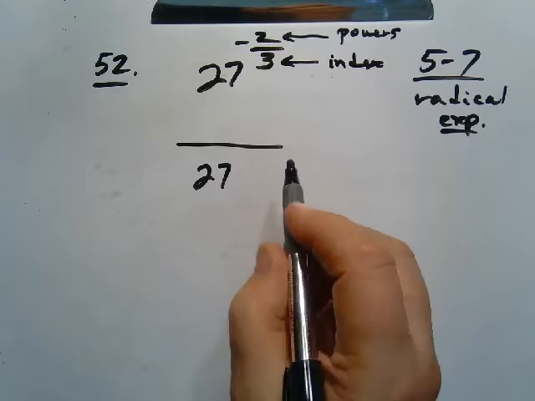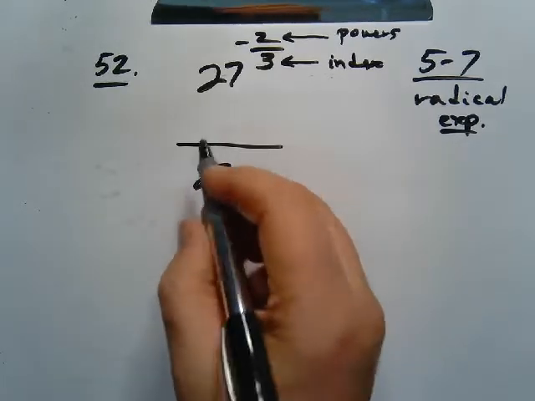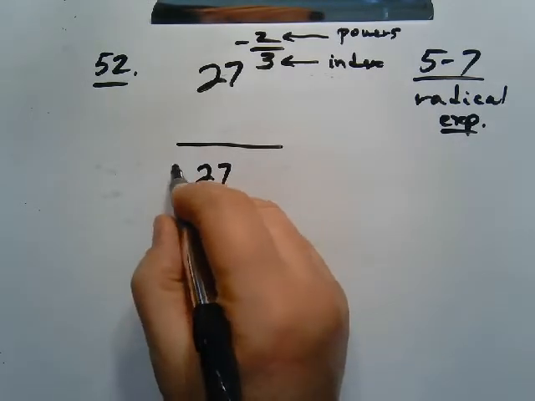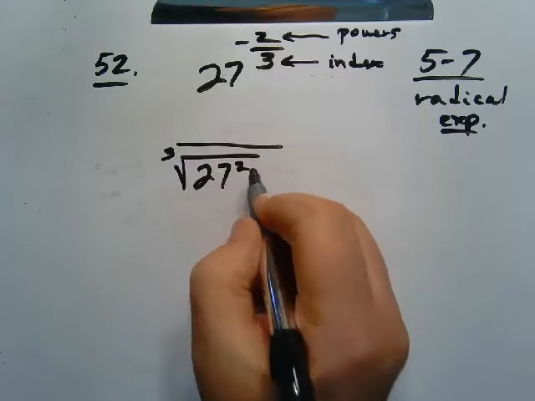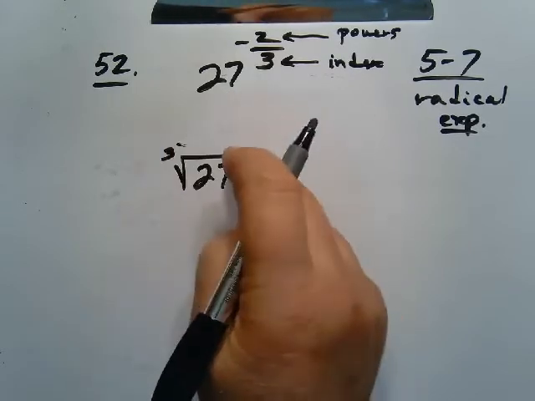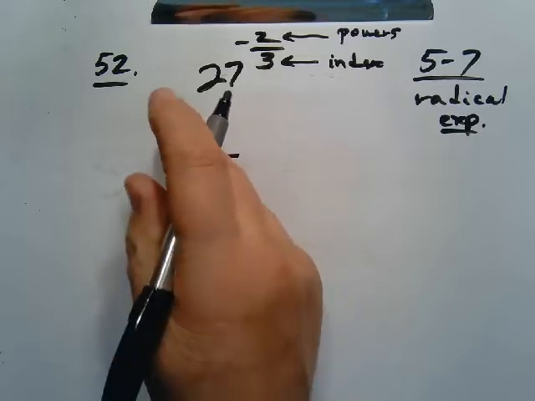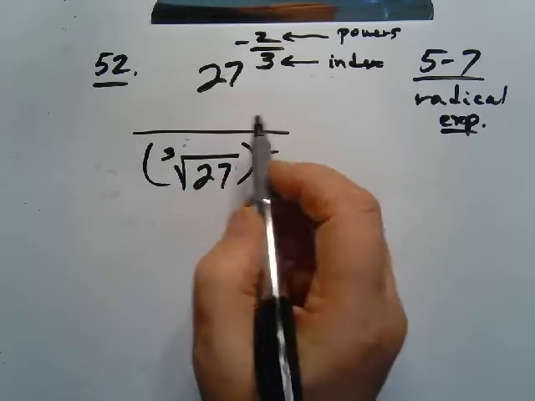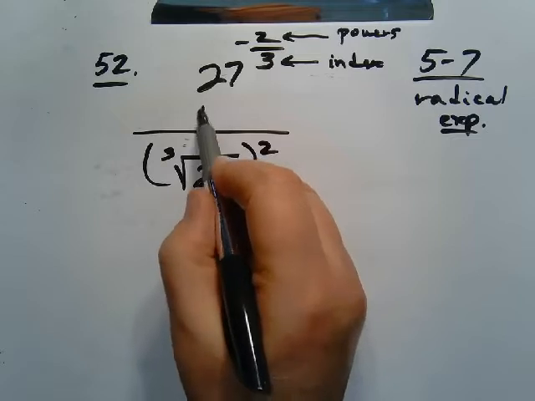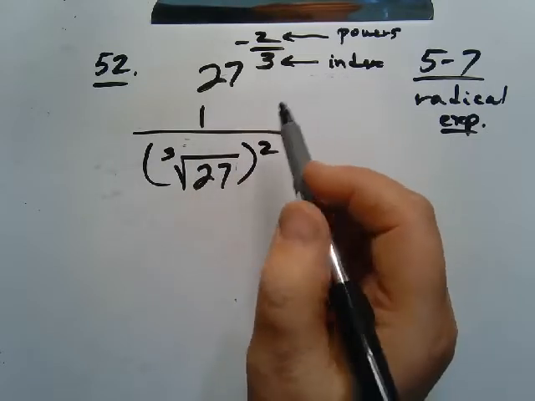So what I've really got here is the cube root of 27 squared. The cube root of 27 squared. And there's nothing on the top, so I'm going to put a 1 here. Now let's see how everything got here.